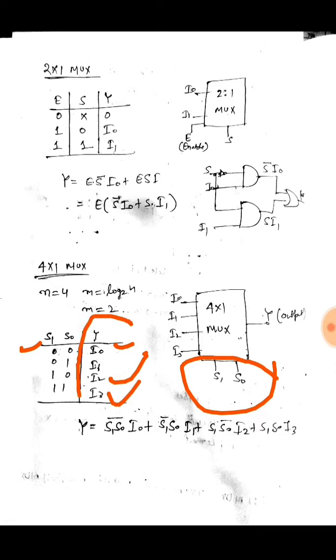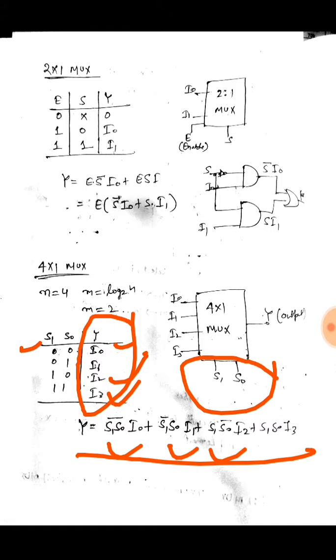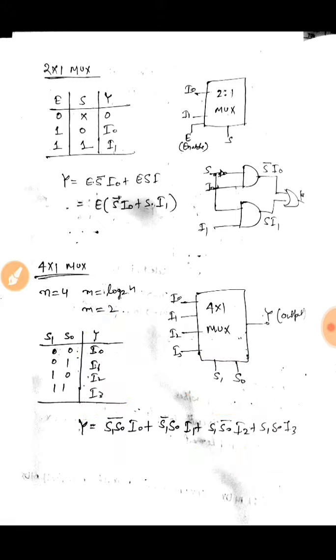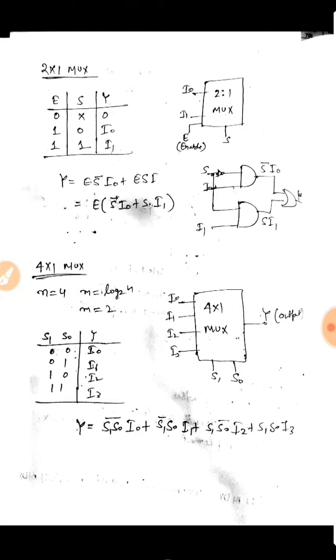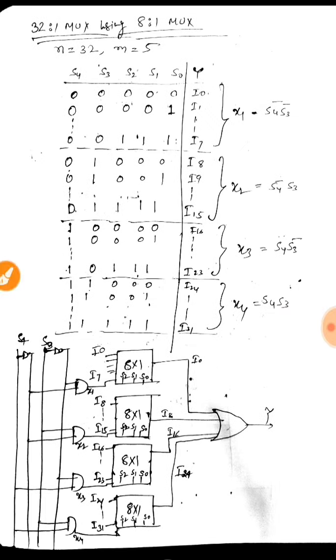If I write the function, it would look like this: I0 into S0 bar into S1 bar, as both are 0 for I0, plus I1 into S0 S1 bar, plus I2 into S0 bar S1, and for the fourth it is I3 into S0 into S1. You can realize this function using the basic gates.